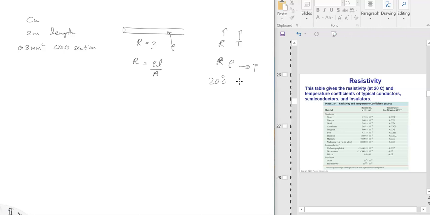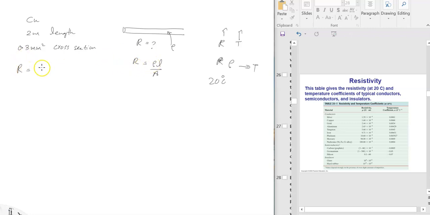So let's say here's a piece of conductor, a copper wire, given. This is the length, this is the cross section. At 20 Celsius, what is the resistance? That's how the question is going to be worded. Alright, so let's find this.